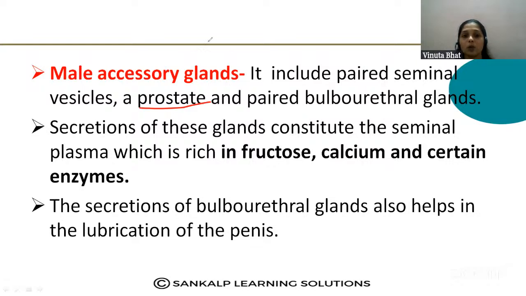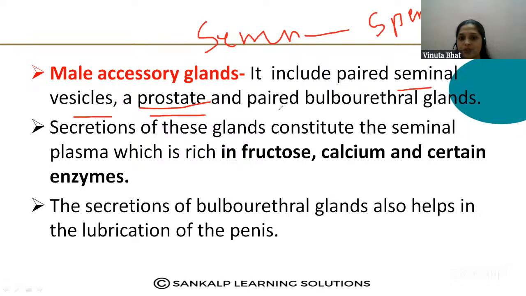And what is semen? Anybody? Semen contains the sperm plus some fluid secretions, and these fluid secretions are from the seminal vesicles, prostate gland and the bulbourethral gland. The seminal vesicle contributes 60% of the semen.